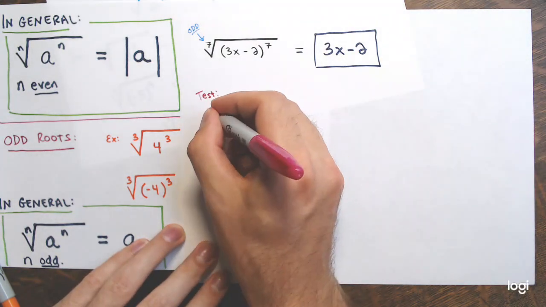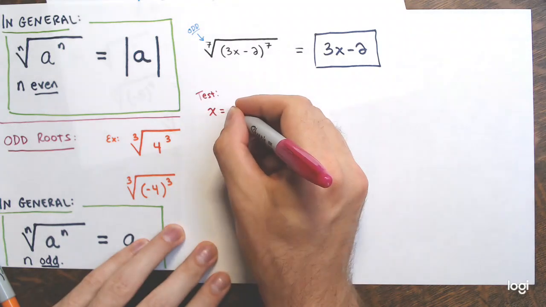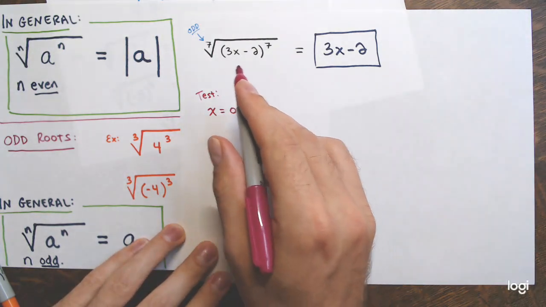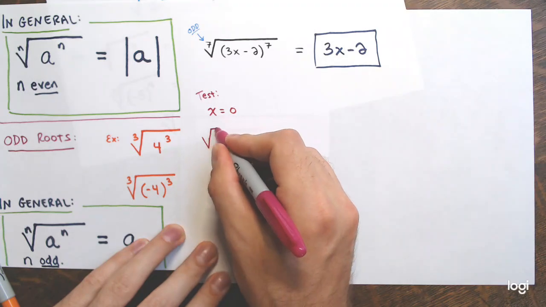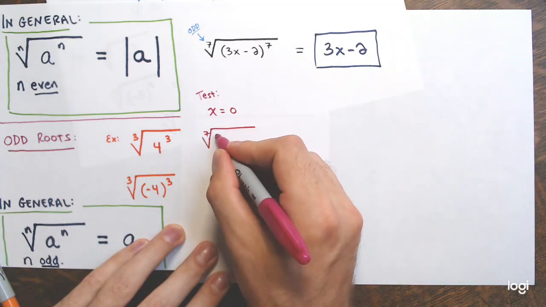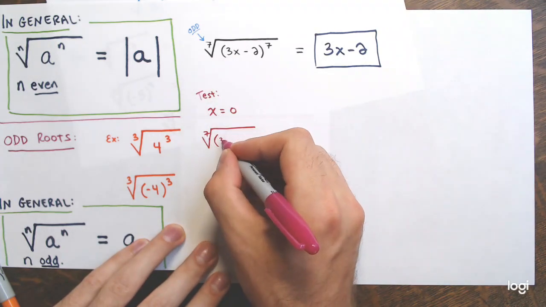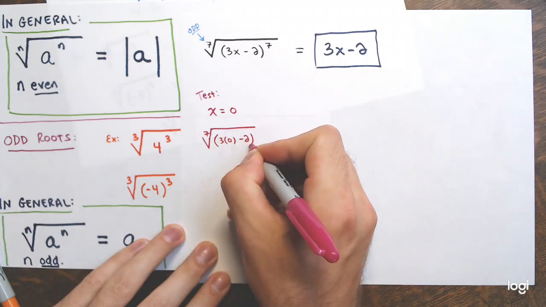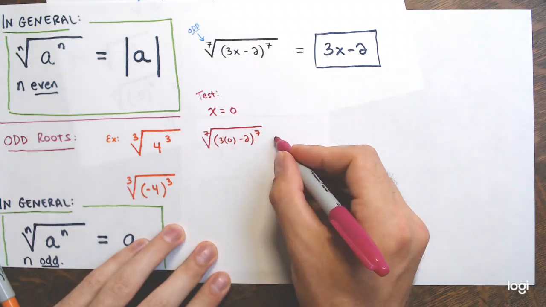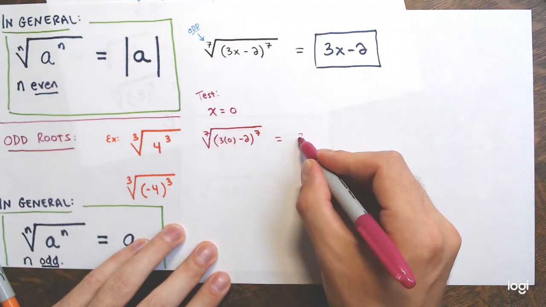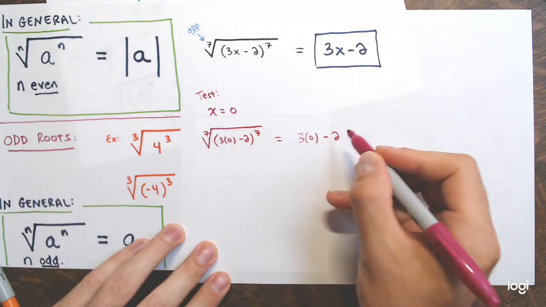So a nice one would be, if x were 0, that's an easy one. This side I'd have the seventh root of 3 times 0 minus 2 to the seventh power, equals, and then this side I'd have 3 times 0 minus 2.